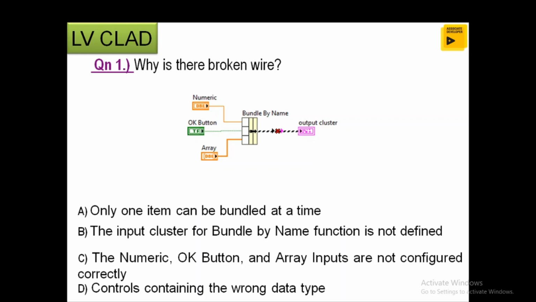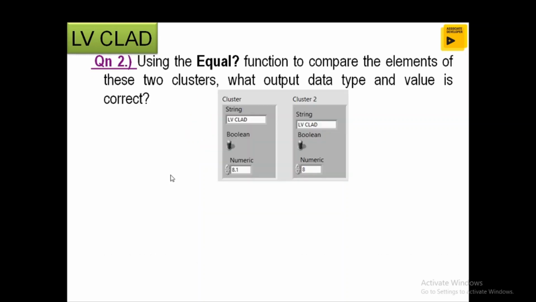Then only you can have the names of those controls where you want to connect them. What about option C? They are not configured correctly, so that is wrong, and the control containing the wrong data types. So only B is the correct option for this case.